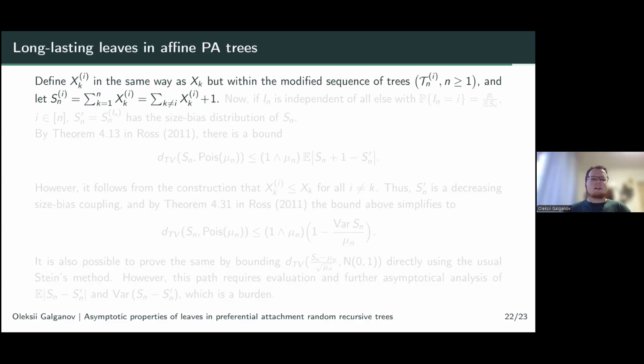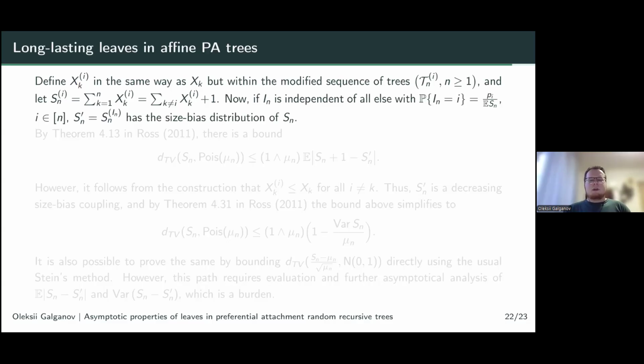Obviously, we would have I here, just 1, because that's how we define this new tree, and for all the other vertices, there are multiple ways possible. They either can remain a long-lasting leaf, or they can remain a non-lasting leaf, or they can stop being a long-lasting leaf, depending on the attached.